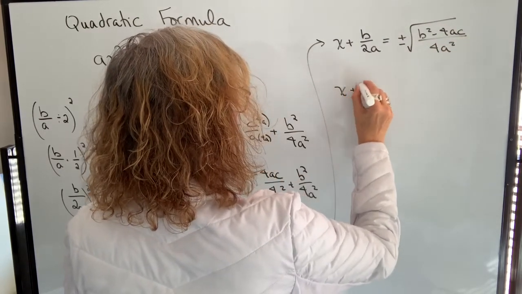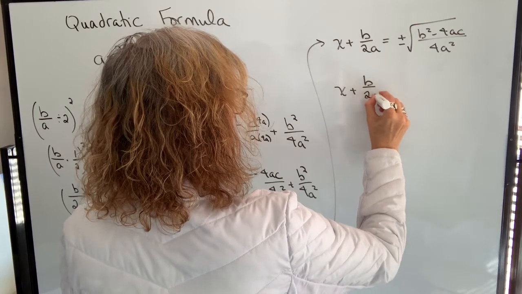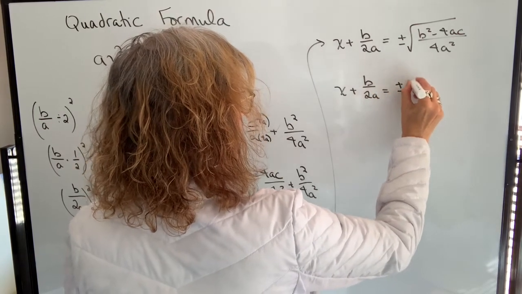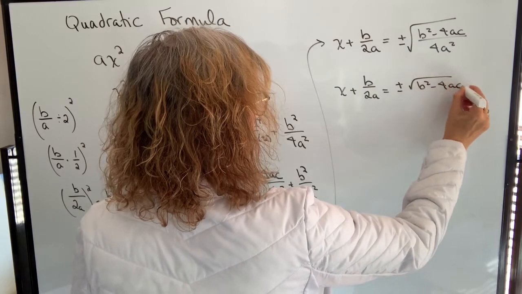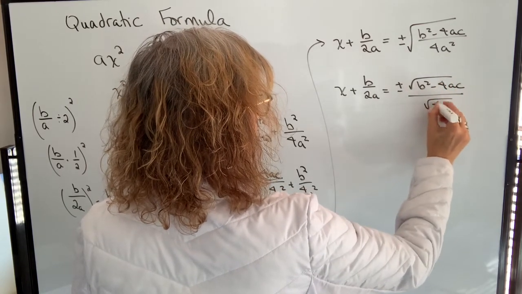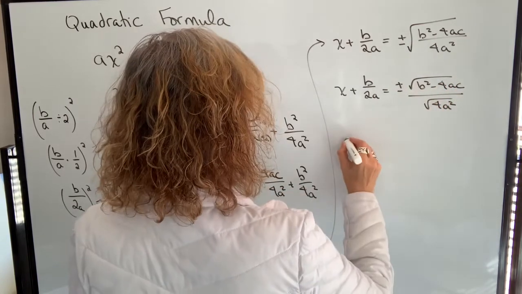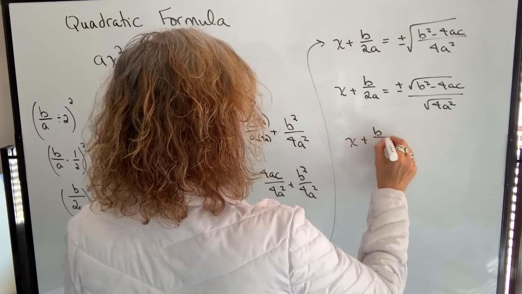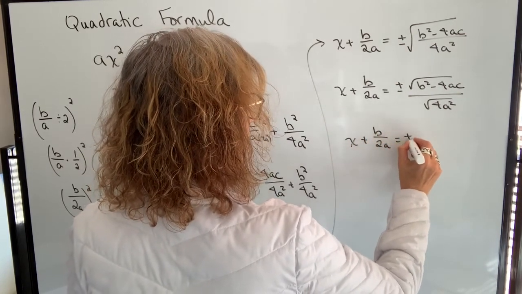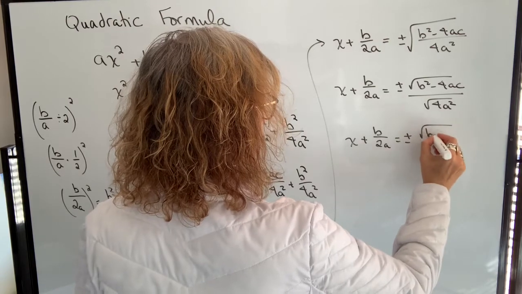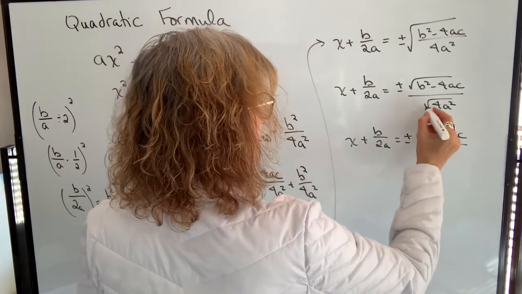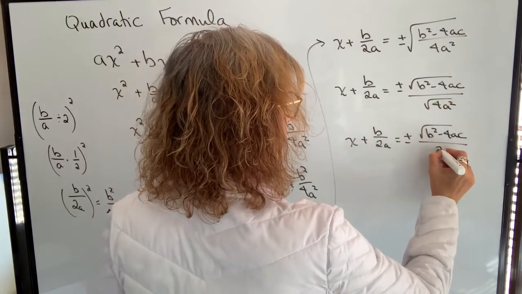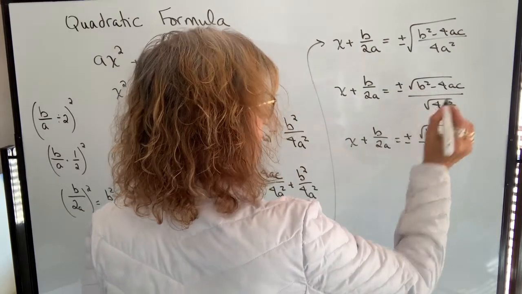I am going to break that up, the square root of the numerator over the square root of the denominator. And I'm going to simplify that. The square root of 4a squared will be 2a. I just took the square root of 4 and the square root of a squared.